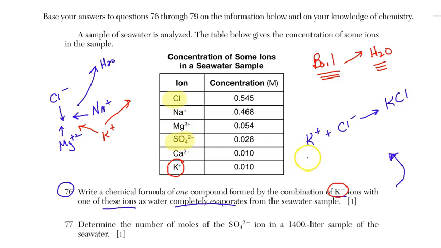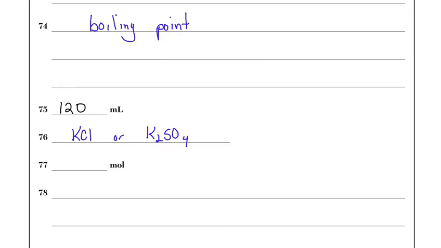Or you'd have the SO4, notice it's a -2 ion, you would need 2 K pluses, and that would make potassium sulfate. And these are your 2 choices. They just wanted one compound. And how did they ask you to answer this? Write a chemical formula. So either one of these 2 would suffice.